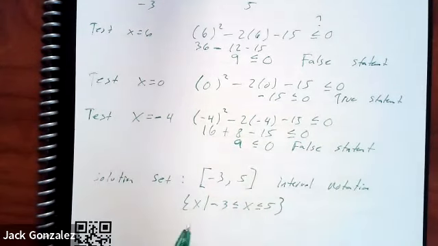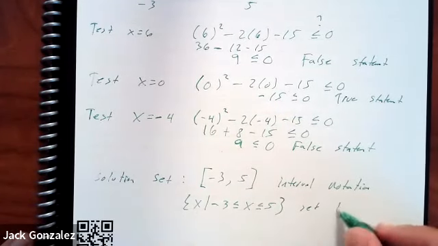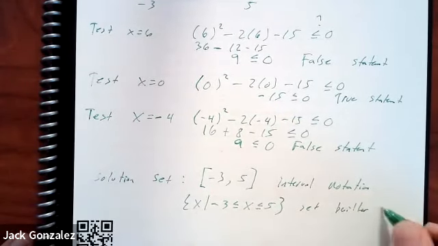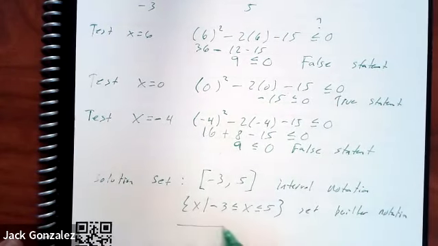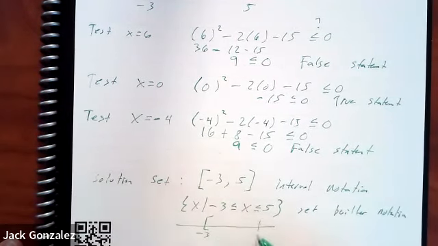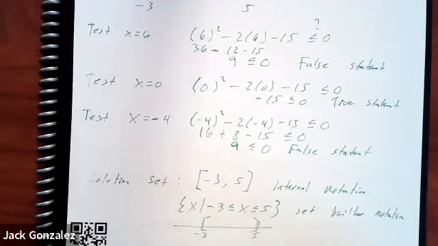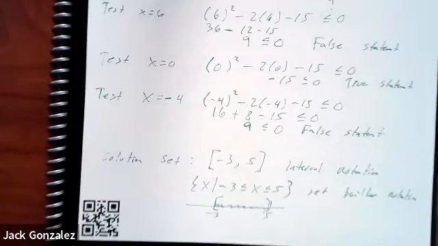So x, you got to put that equal to part. Now, of course, the visual would be -3 with a bracket to 5. Any questions on any of the steps? So anytime you have a quadratic, you have to test around those values that you solve for.